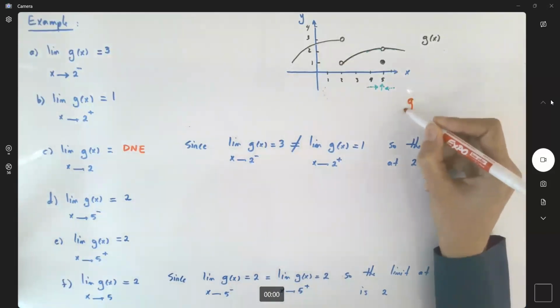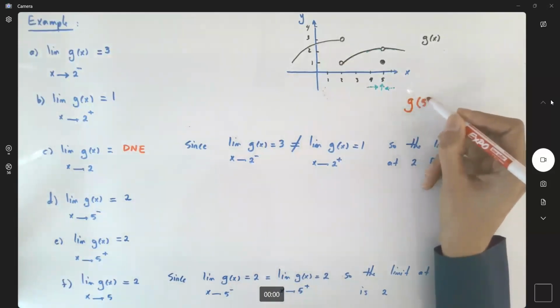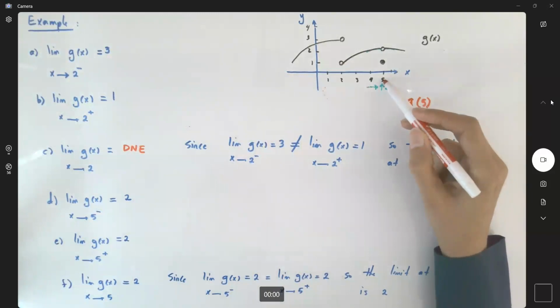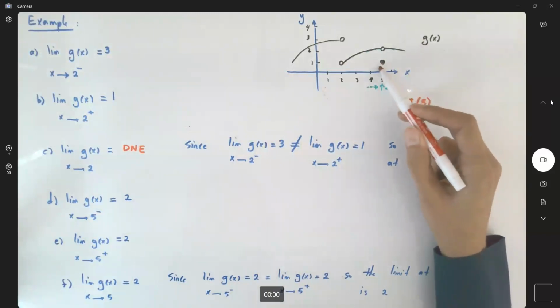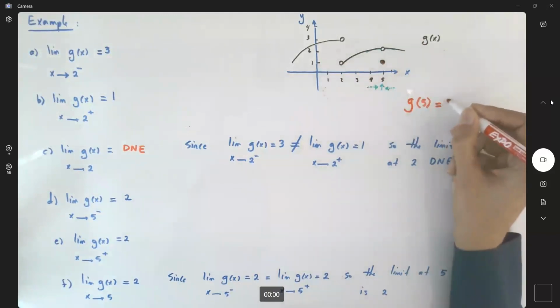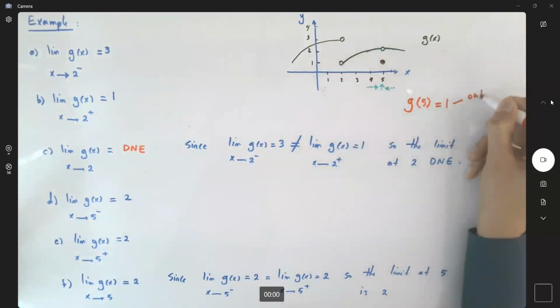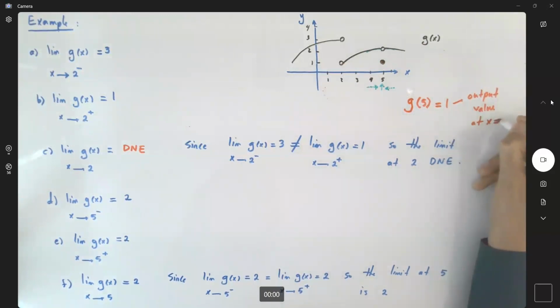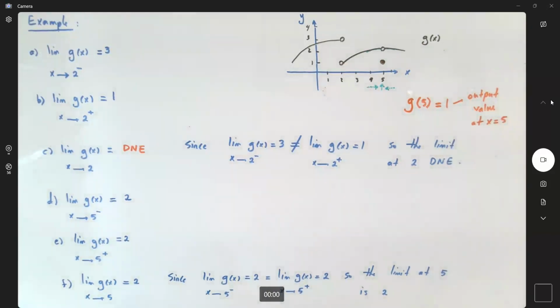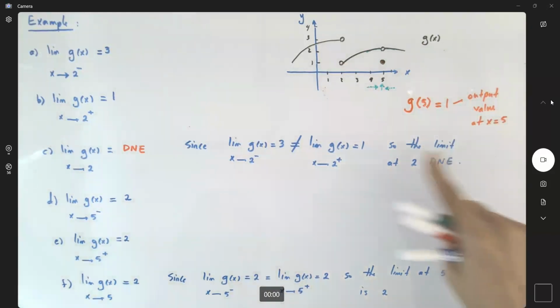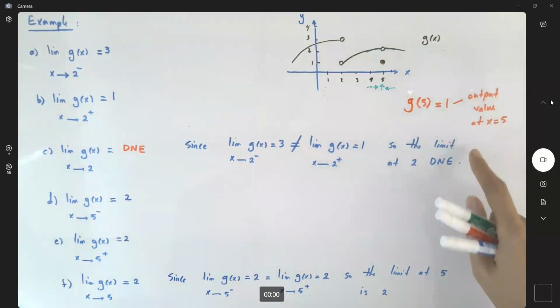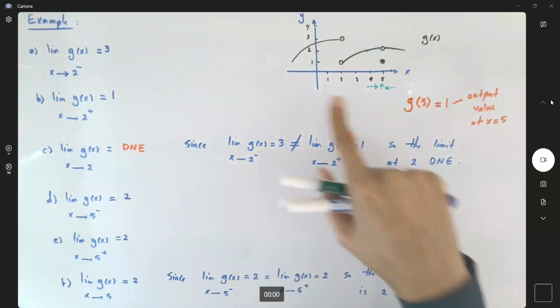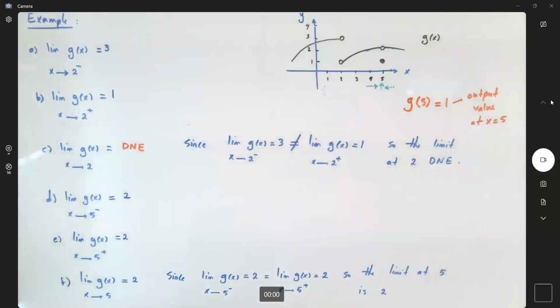If I plug 5 into the function g, the output value of the function is 1. 1 is the output value at x equals 5. So as you can see, there are differences between the output values and the limit depending on how you define the function.